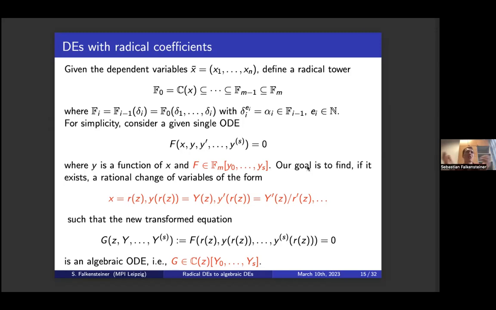But in nature and so on, there appear a lot of algebraic curves which are actually rational. Also, if I take a look at, I don't know, Kamke's collection or something like this, there are a lot of radical differential equations. And I think, if I remember correctly, around 80% of them could be transformed to an algebraic differential equation.